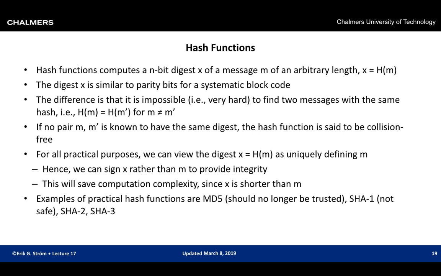Now, if we say that no pair m and m prime is known to have the same digest, we say that the hash function is collision free. It just means that we have not been able to find these two. They do exist. It's just that we haven't found them yet.